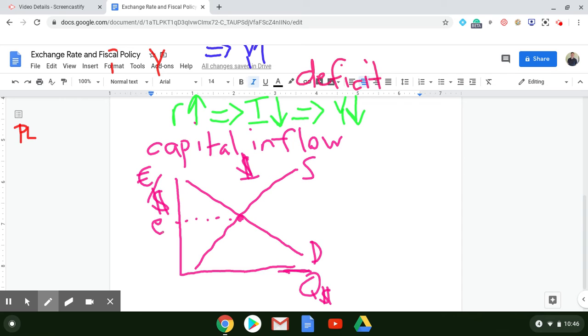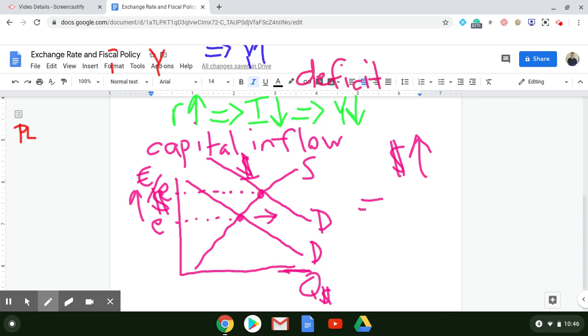So demand for dollars will increase because folks want to now have dollars so that they can bring their savings into the United States. Exchange rate increases.